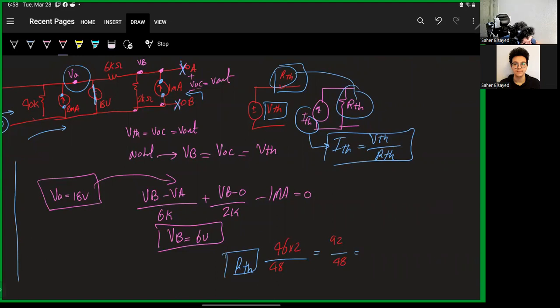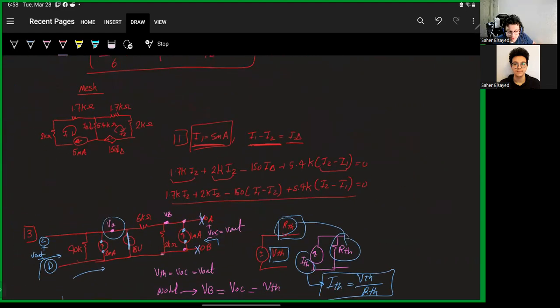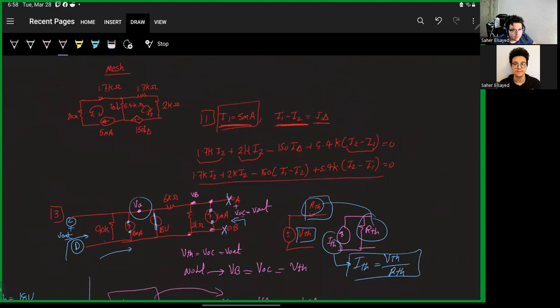And what am I getting? 92 divided by 48 equals 1.91. Okay, let me double check something.